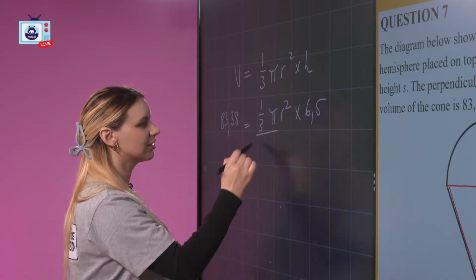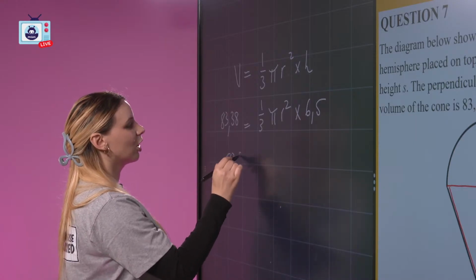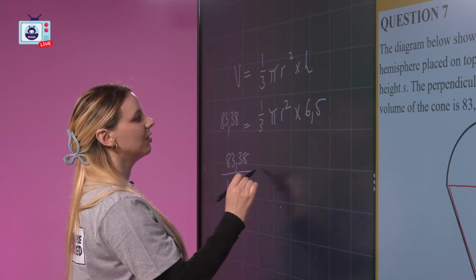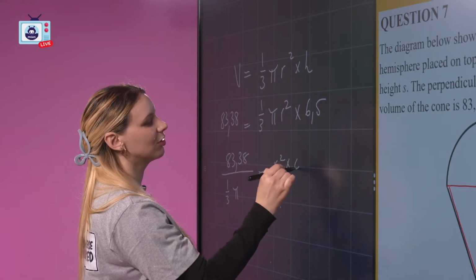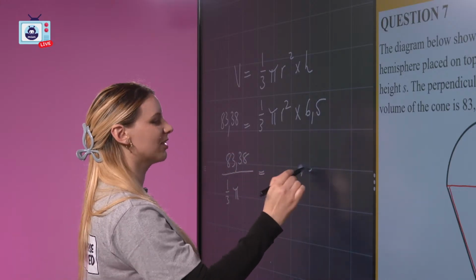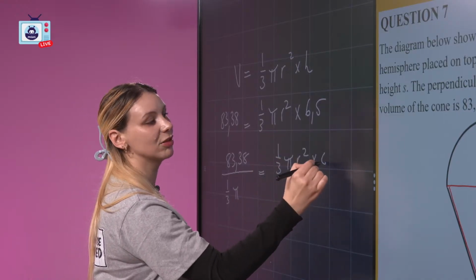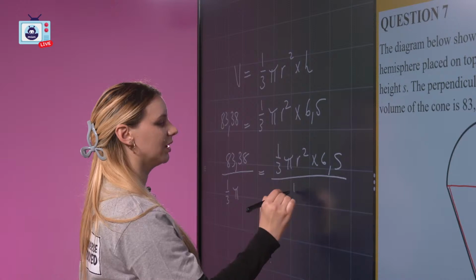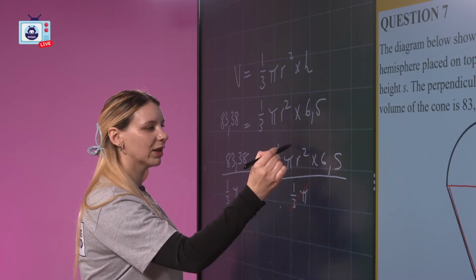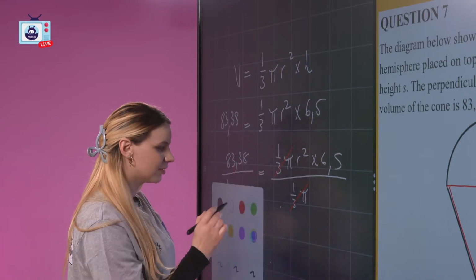I'll do it quickly in stages. 83,38 divided by 1/3 pi should equal r squared times 6,5. Let me show you the steps: 1/3 pi r squared times 6,5 divided by 1/3 pi. The 1/3 pi will cancel, and we will be left with r squared times 6,5.